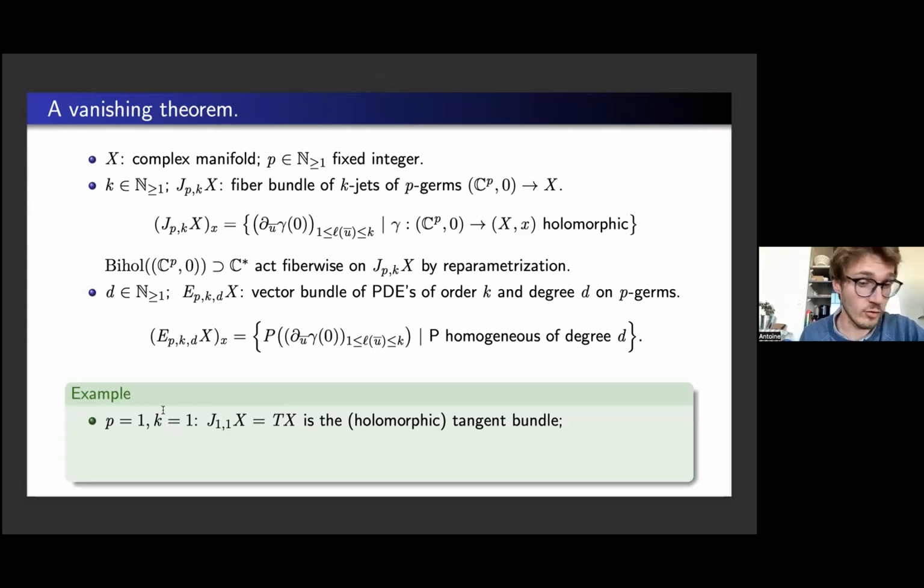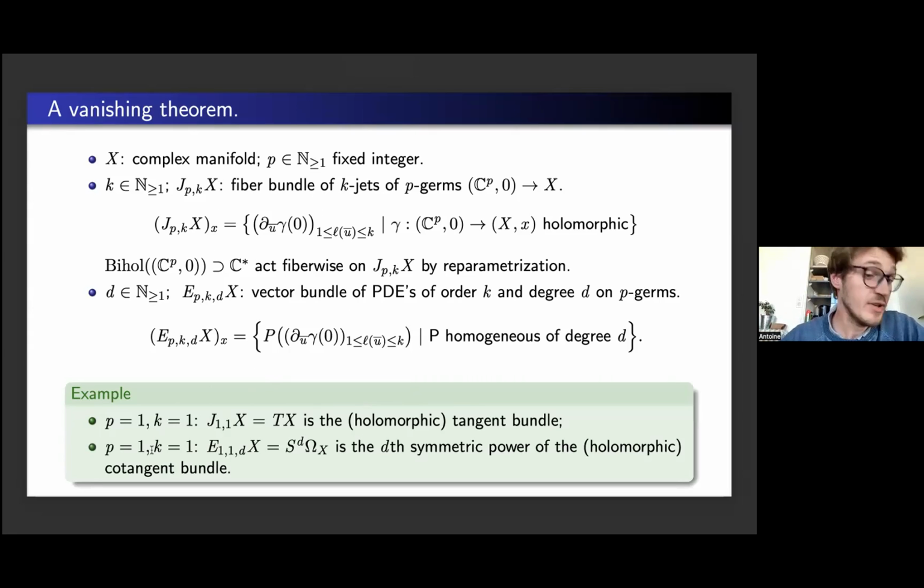For example, for p equal to 1 and k equal to 1, here we only look at germs of curves into X, and we look at their first derivative. So this is a way to define the holomorphic tangent bundle of a complex manifold. And this is a generalization for higher order, for higher jets.